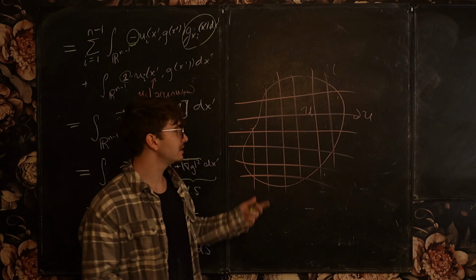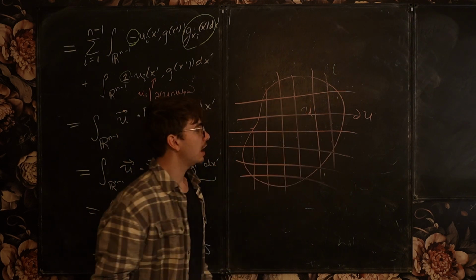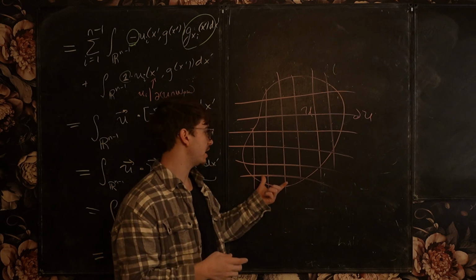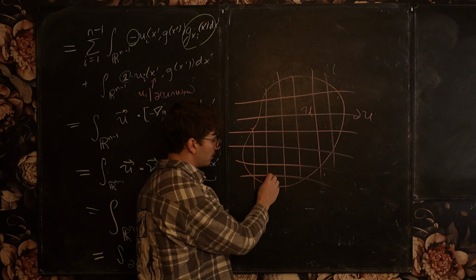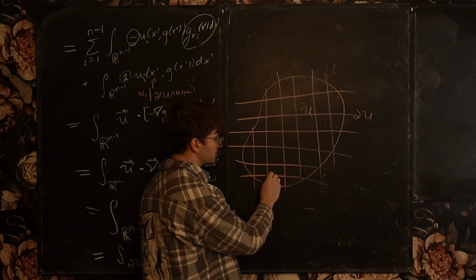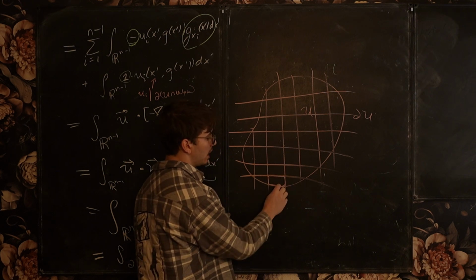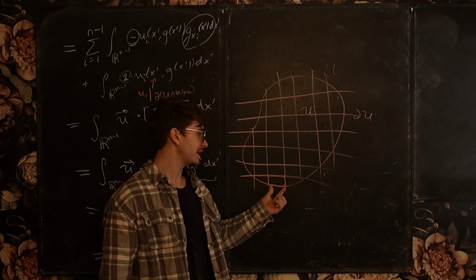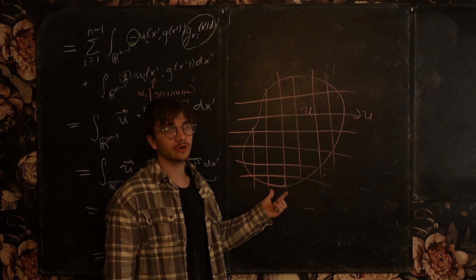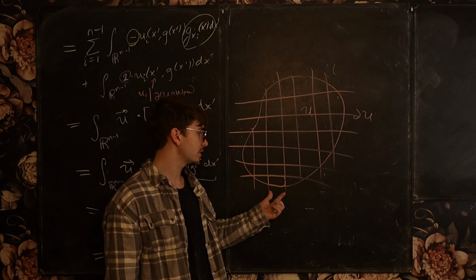Now, by compactness of the boundary of U, we can choose such a grid such that each of these boxes which intersects the boundary of U satisfies our condition that its intersection with the boundary of U is the graph of a C1 function, okay?